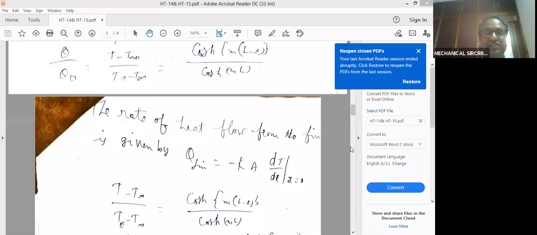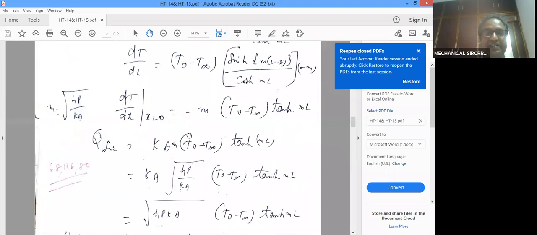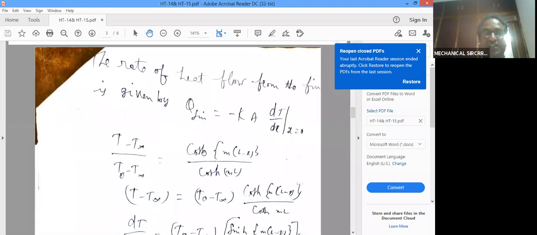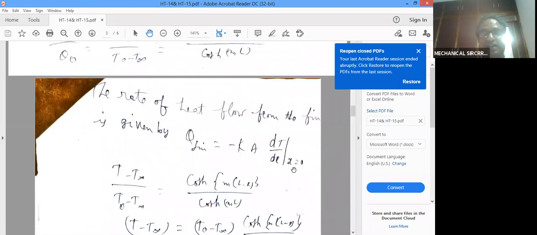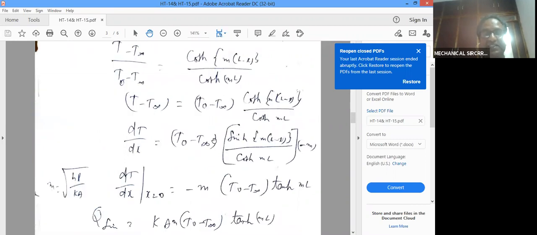By using this temperature distribution equation, the heat transfer rate at x is equal to 0, Q fin is equal to minus kA dT by dx at x is equal to 0. So here you have to calculate dT by dx at x is equal to 0 and substitute it in Q fin is equal to minus kA dT by dx.